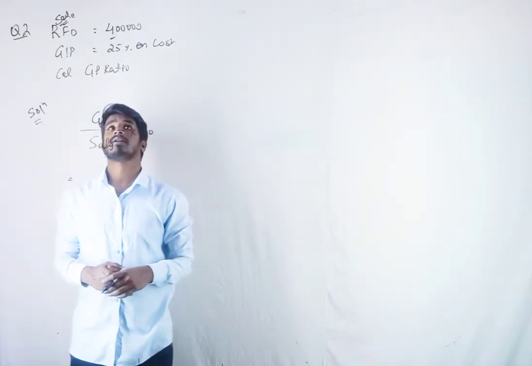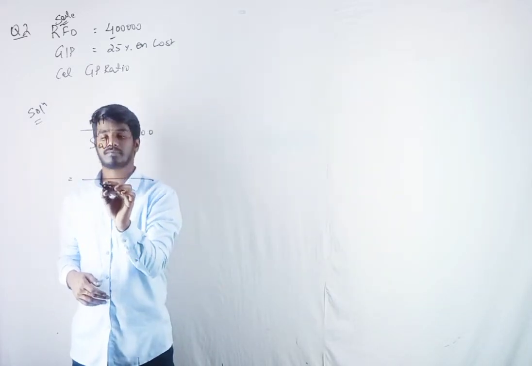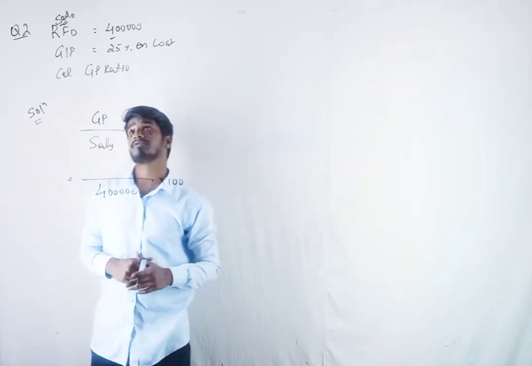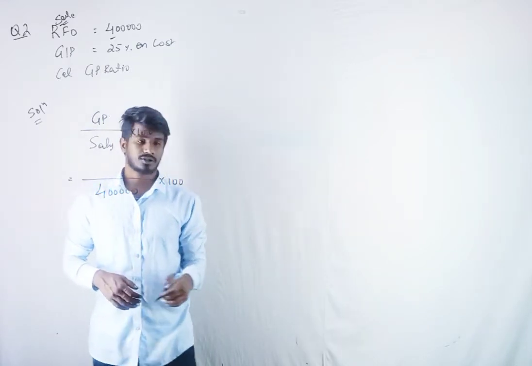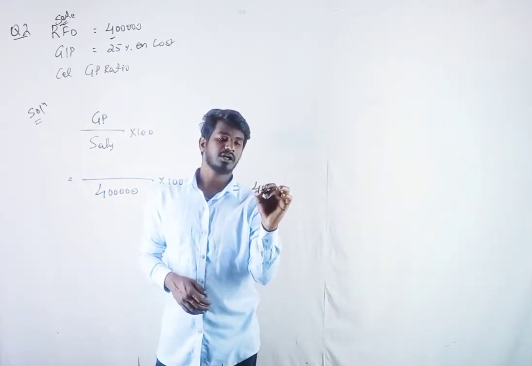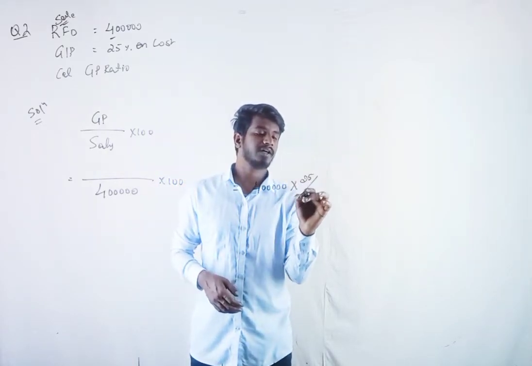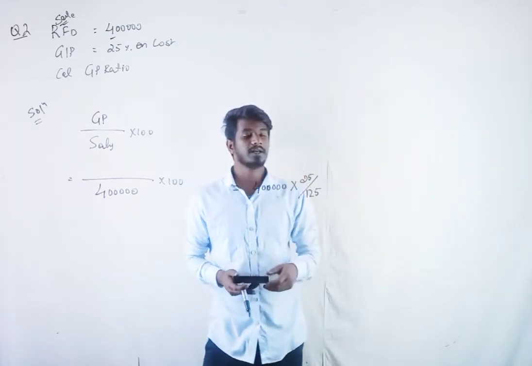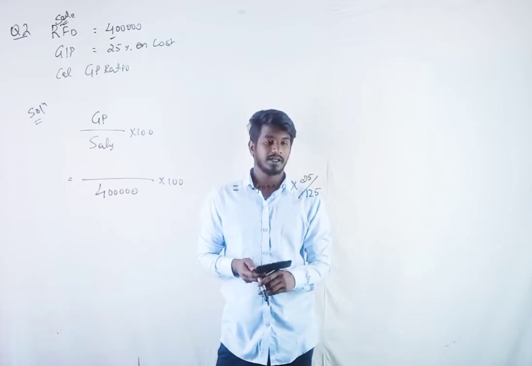What is gross profit given? 25% on cost. Okay, we have sales, 4 lakh into 100. That much we know. Gross profit is 25% on cost. Fine. 4 lakh into 25 divided by 125. Straight away it comes out 80,000.